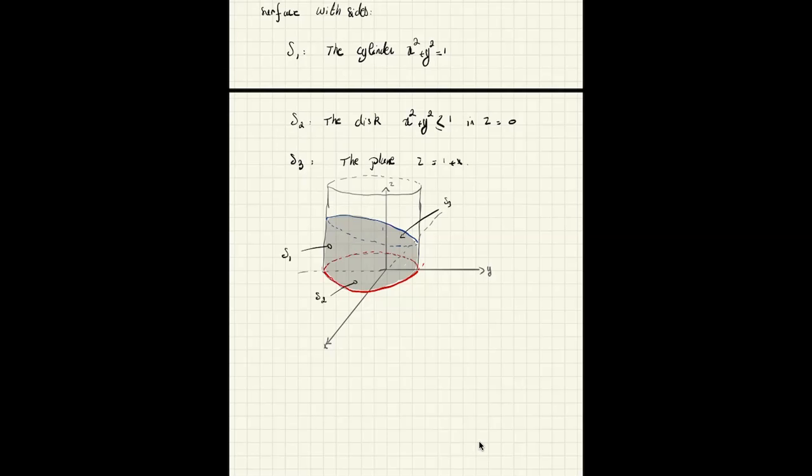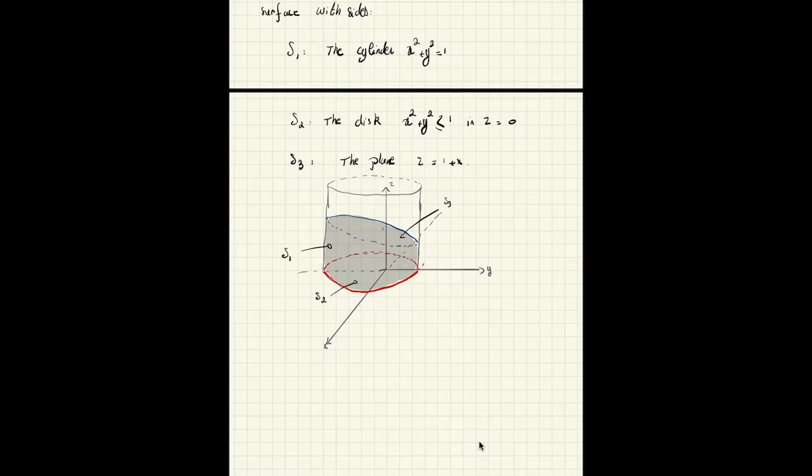Okay, so the surface is actually three surfaces. The first one is the cylinder itself. The second one is the disc.